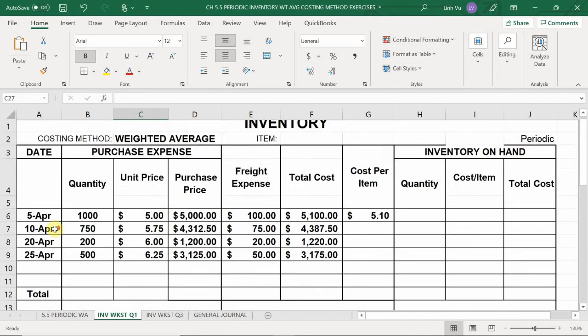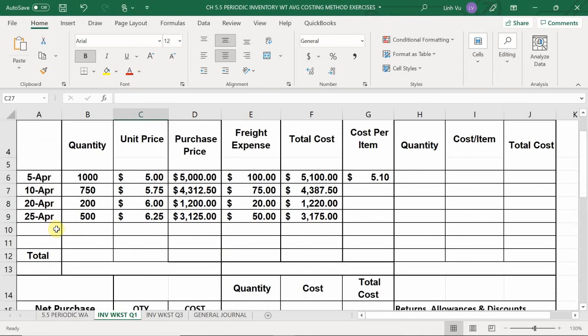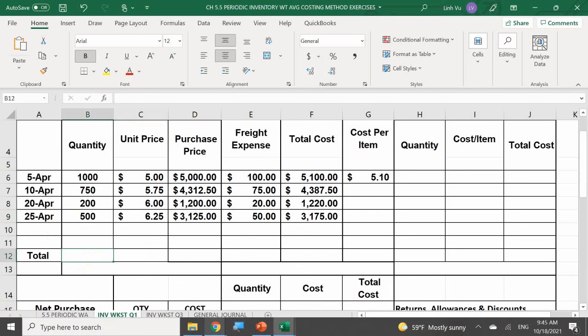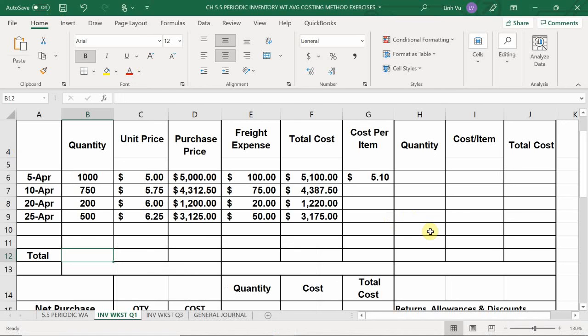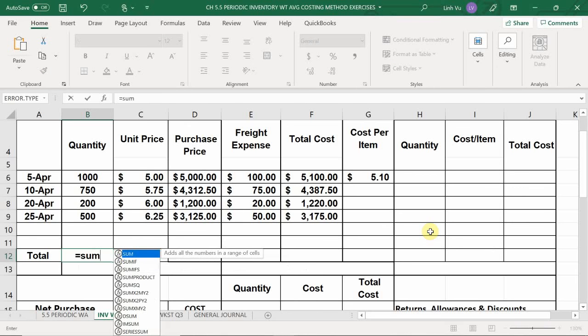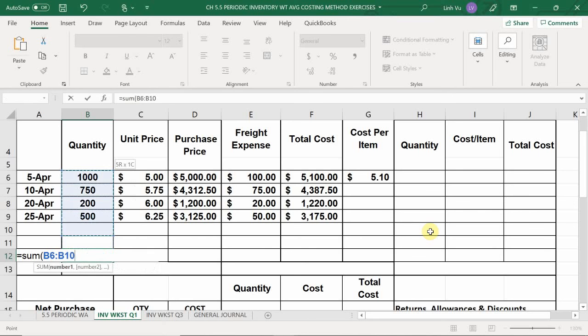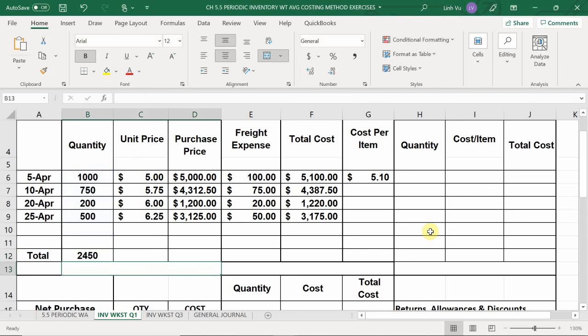So now I need to solve for my total quantity and my total cost, right? I need to total up all my columns. In this case, how many items did I purchase in grand total? $2,450. 2,450, right?